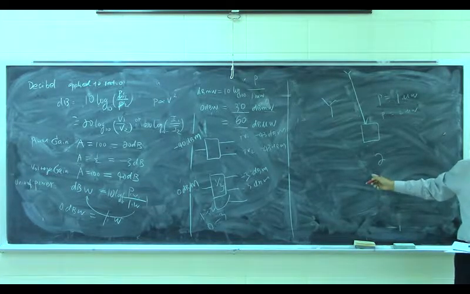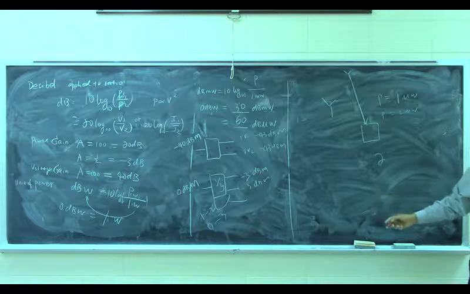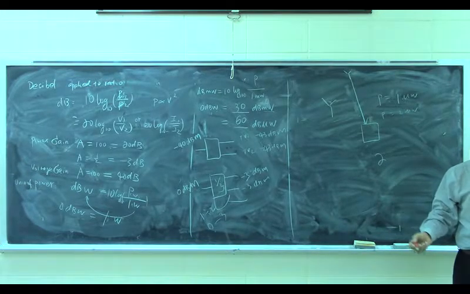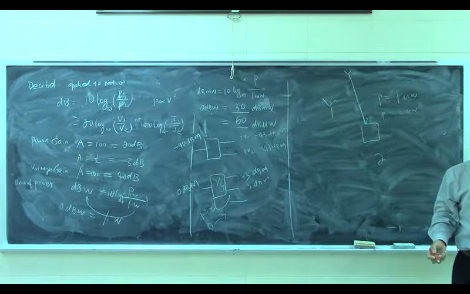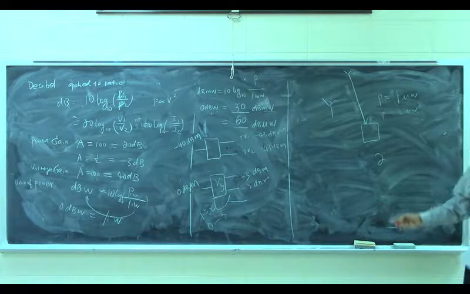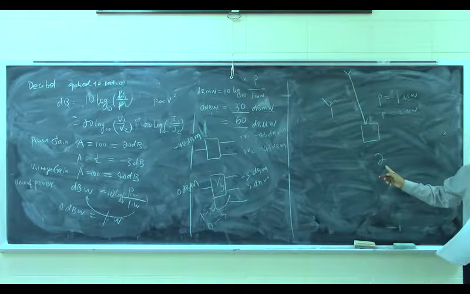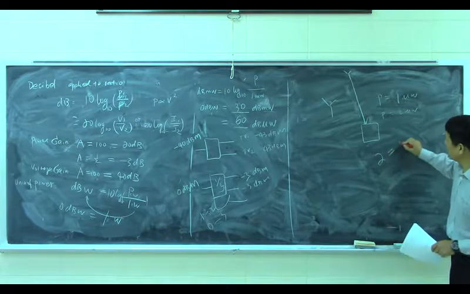But when you buy an antenna, they won't tell you the gain equals 2 or 10 or something. They give you the gain in terms of dB. So how many dB is this? 3 dB. That means the antenna gain of 2 equals 3 dB.